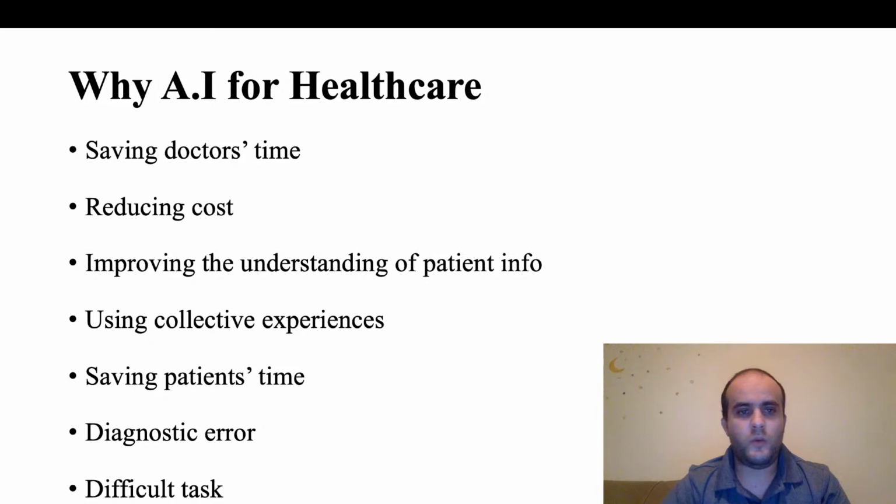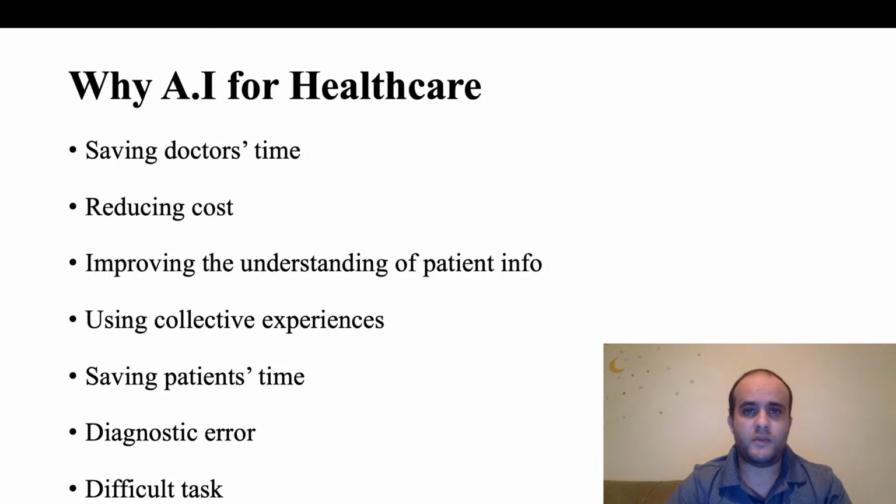So why do we need AI for healthcare? Why is it time for AI for healthcare? The concept of AI for healthcare has a lot of potential in saving doctors' time. For instance, when you are visiting a doctor, most of the time the doctor spends is documenting the symptoms you have, documenting the analysis and diagnosis you have.